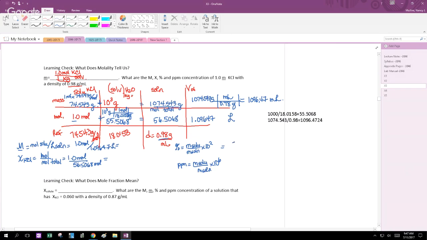So in this instance, 74.543 over 1,074.543 times 10 to the 2nd. Whatever that answer is going to be times 10 to the 4th. Again, that's just the difference between those two.